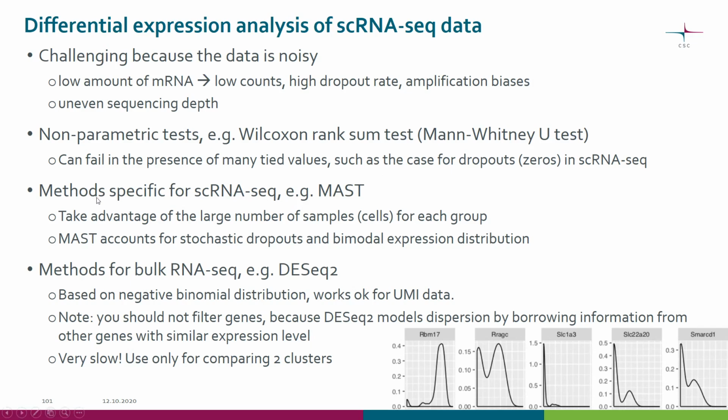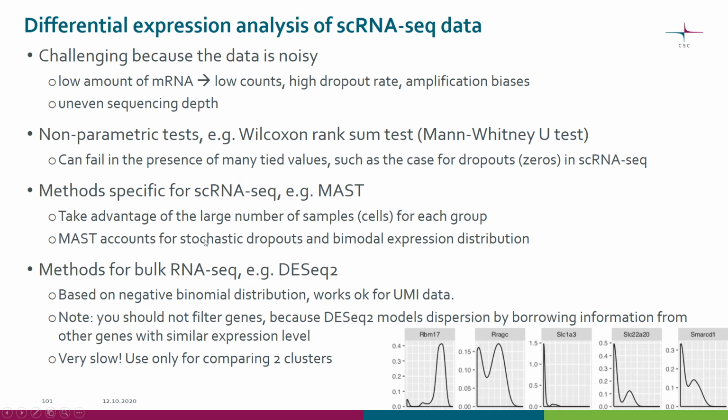Then there are methods which are specific for single-cell data, such as MAST. These methods can take advantage of the large number of samples for each group. So effectively, a cluster is considered as one group, and then you have many cells in that cluster, so many samples.